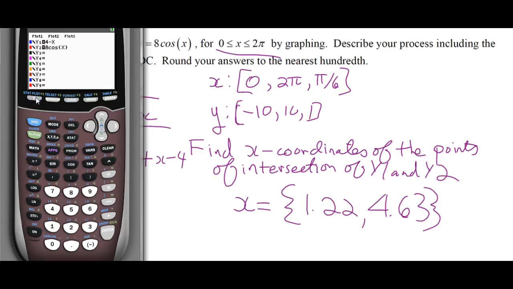And if I graph that, what am I looking for? I'm looking for the x-intercepts, right?